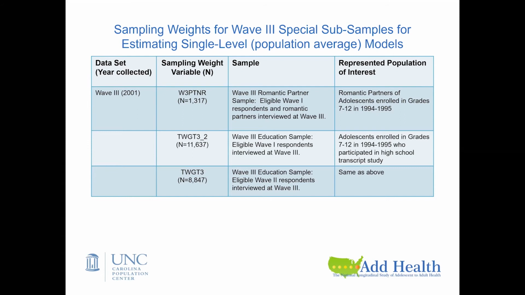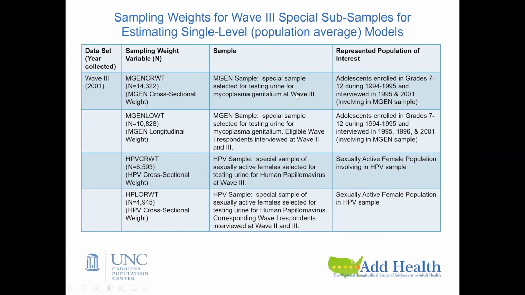They have a special weight. We have some other samples at wave 3, which I also mentioned. We tested for urine and for a number of sexually transmitted infections with FDA approved kits. Depending on which of those outcomes you're interested in, you need to use a specific weight for them.